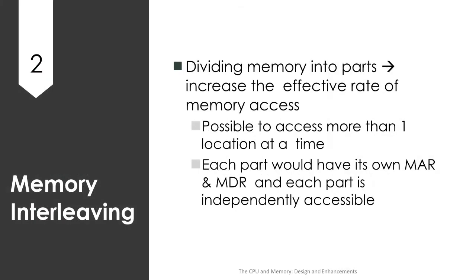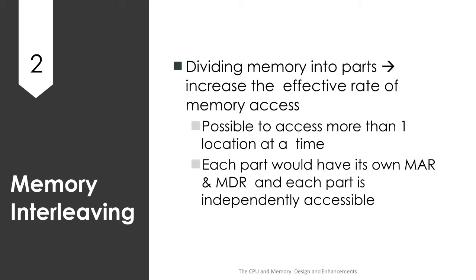By using the memory interleaving method, the memory is divided into several parts. By doing so, the memory access rate can be increased. This is because the CPU can possibly access more than one memory location at a time.